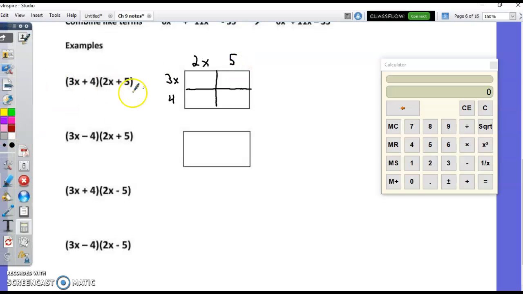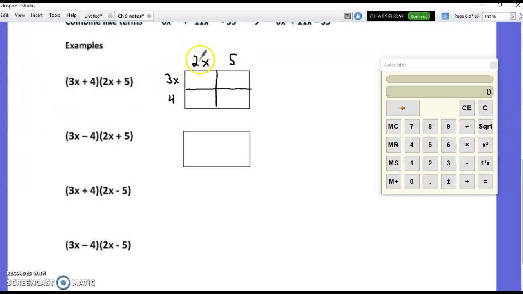All right, and now we do our multiplication chart, or grid. So 3 times 2 is going to be 6x squared, because we have the x times the x. 2 times 4 is 8, and we have that x there. 5 times 3 is 15, so 15x. And then we have 5 times 4, which is 20. Now over here, we're going to put them in standard form.